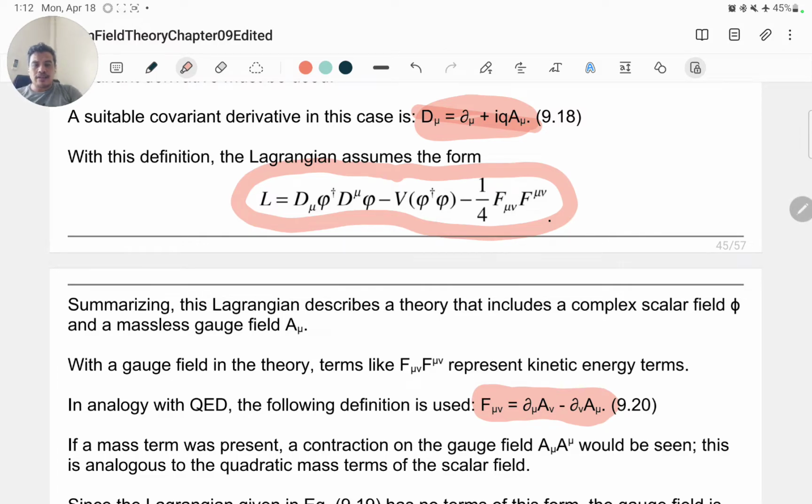So if you look at the Lagrangian, it describes a complex scalar field with a massless gauge field, A mu, where A mu is present in F mu nu here.